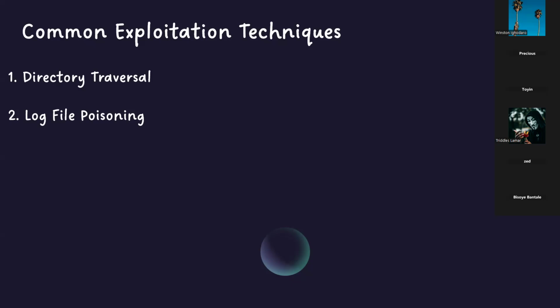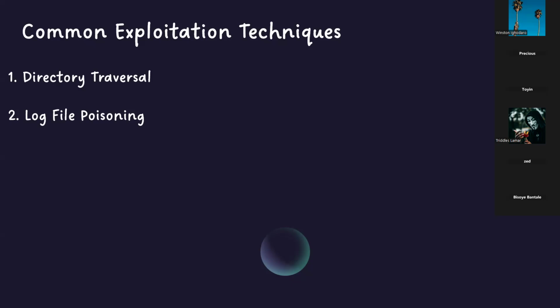So log poisoning is basically a technique that involves the attacker injecting malicious code into the server log files. Again, you can see I mentioned log files. Like I said before, if an attacker has access to your log files, it's basically game over for you. So they access log files like error.log, access.log, httpd.log.